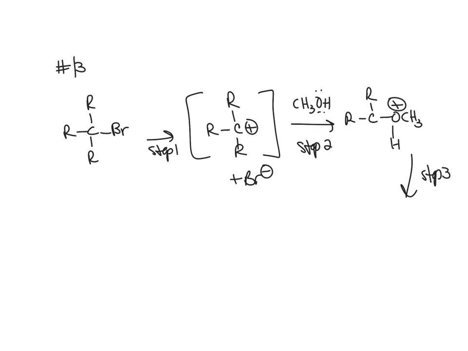Step 3. All right, so 13A. In step 1, which bond is broken? The sp3 carbon-bromine bond is broken. Draw curved arrows on the scheme above to show step 1. So we showed step 1.